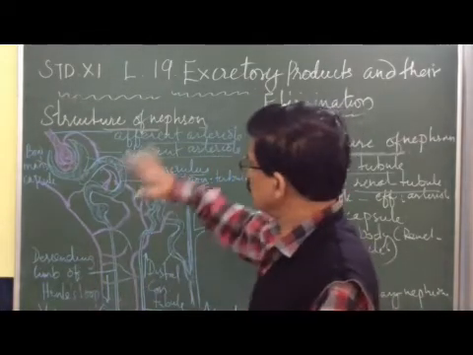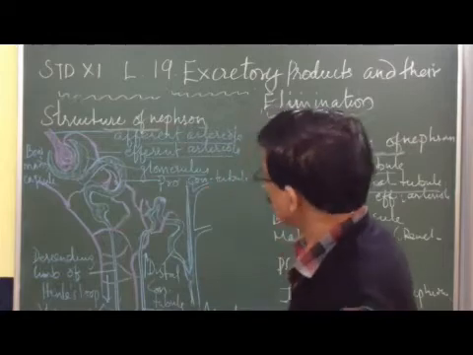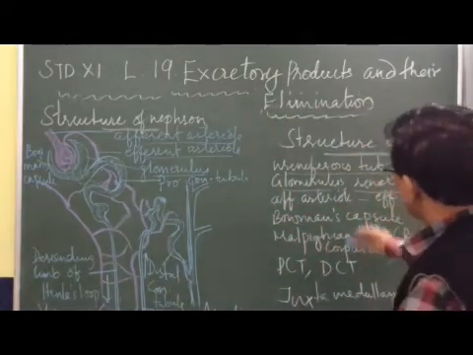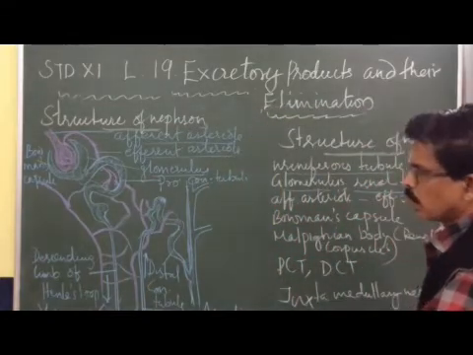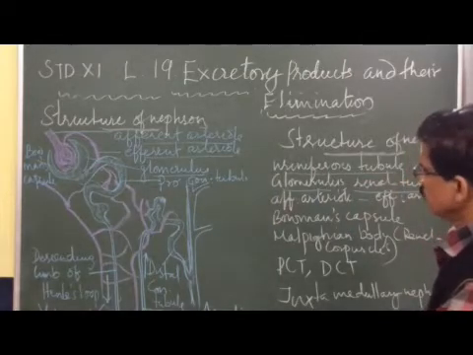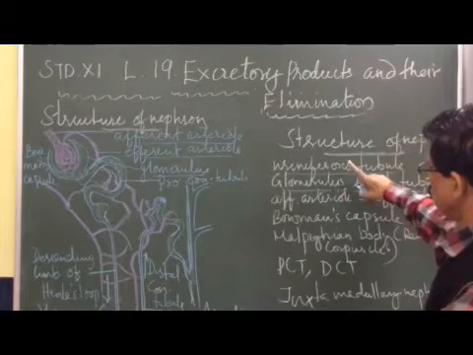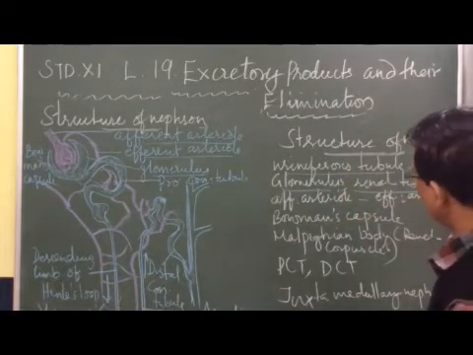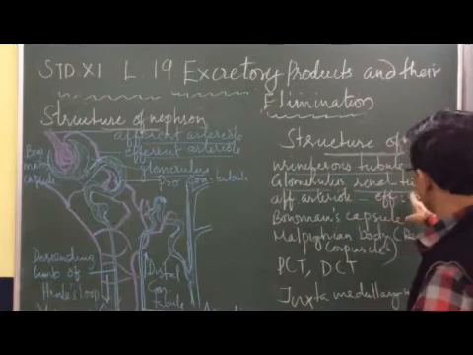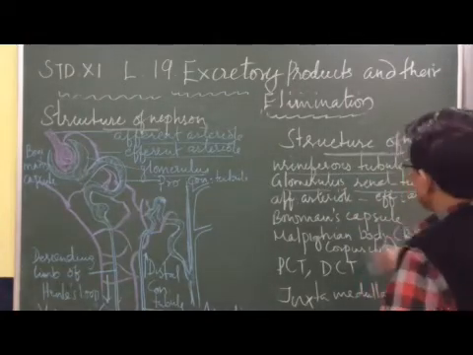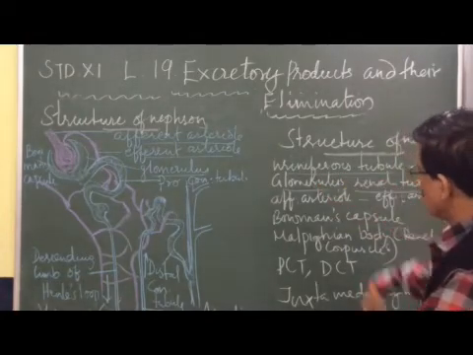You got this structure? It's very clear. So what are the major parts? The nephrons are 10 lakhs or 1 million, and you have to remember the urinary tubule or the nephron has two main parts, glomerulus and renal tubule. Glomerulus is usually found inside the Bowman's capsule.